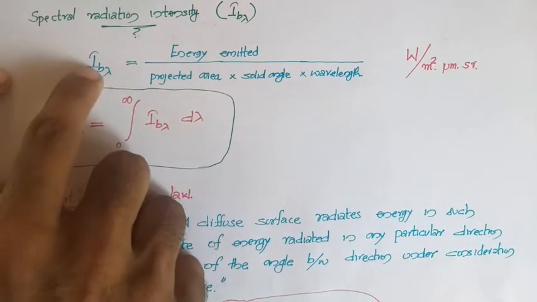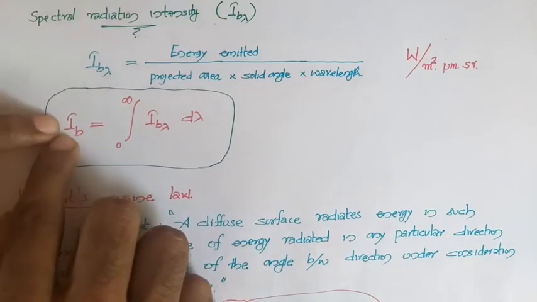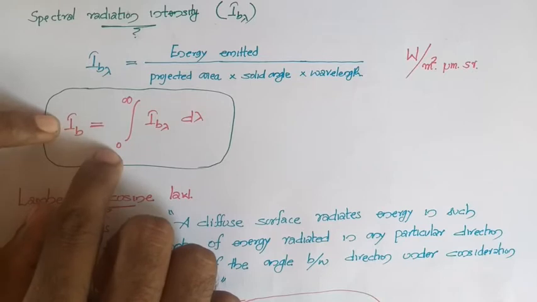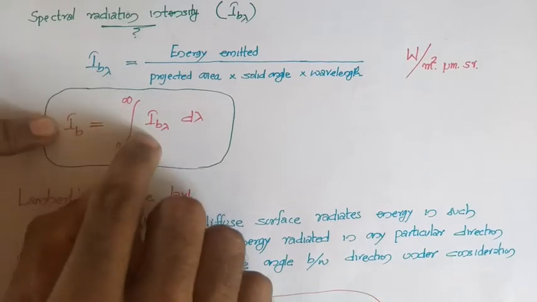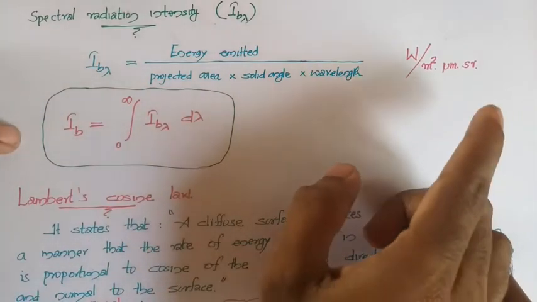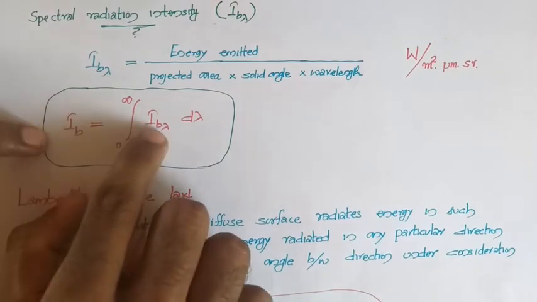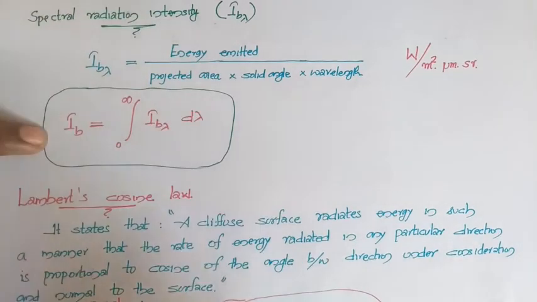And if you know the spectral radiation intensity, you can find the total radiation intensity over the entire wavelength range by integrating from 0 to infinity I_B lambda d lambda. This is similar to the total emissive power and monochromatic emissive power. Here you are getting total radiation intensity from monochromatic or spectral radiation intensity.